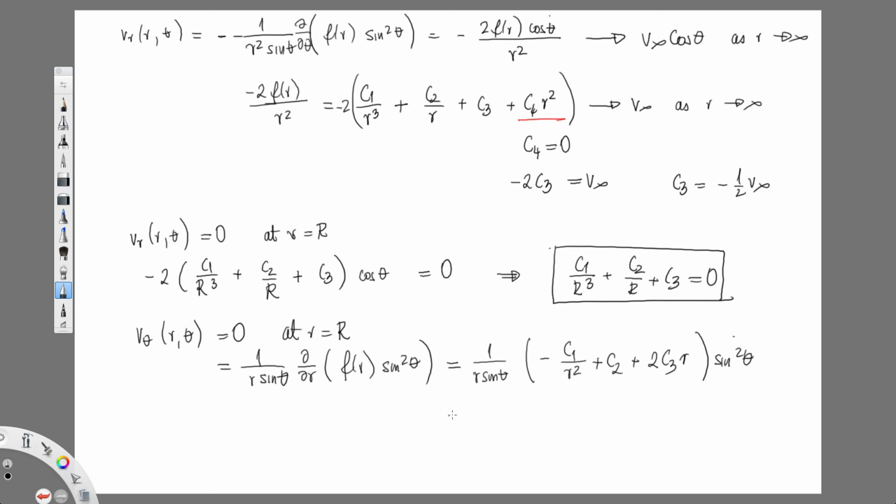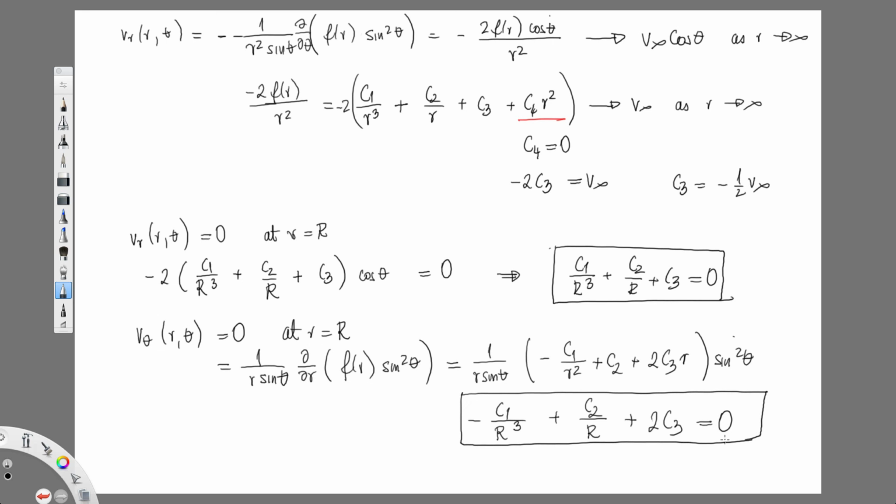So what has to be 0 is minus c1 over R cubed plus c2 over R plus 2 c3. So I know c3 already and c4.